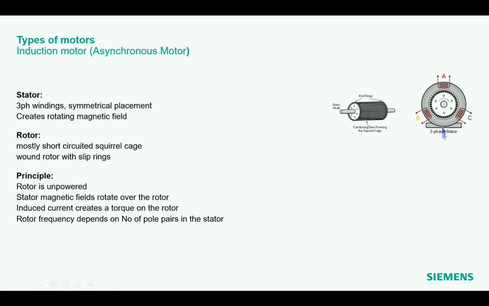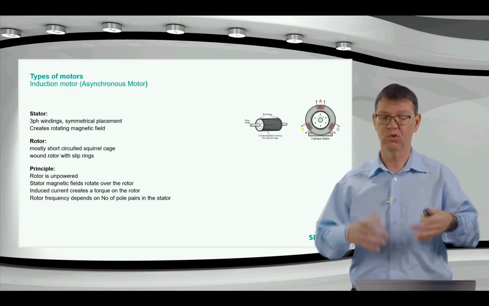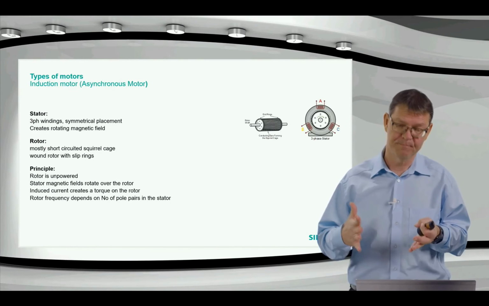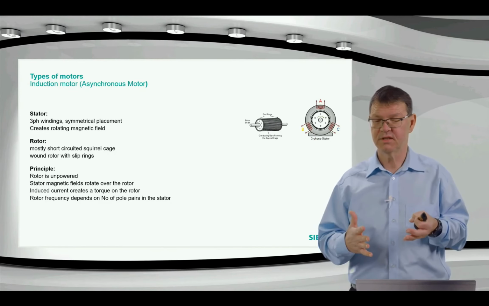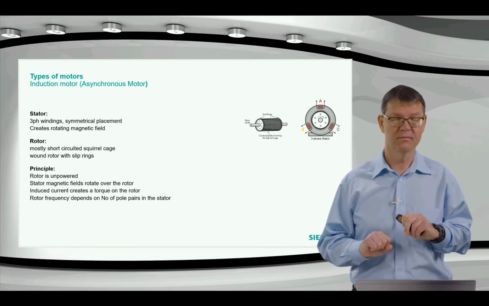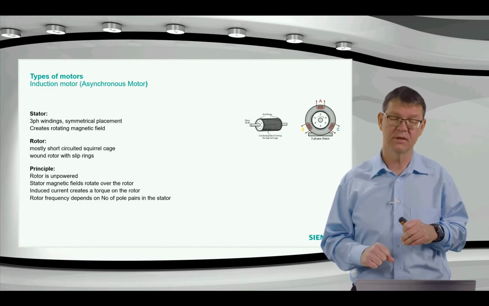Normally we say pole pair because we have a second winding, so that we get a magnetic field all across the rotor. And if we have just these three windings for the three phases, then we say we have one pole pair.